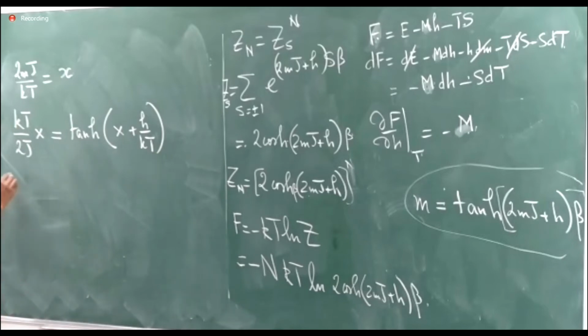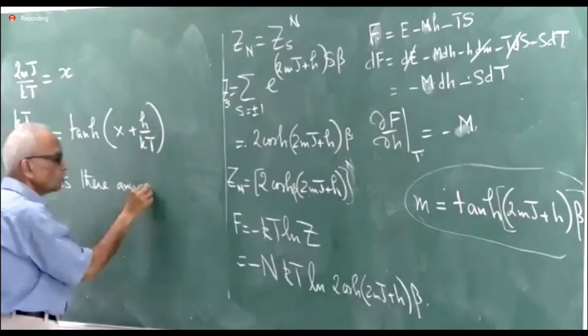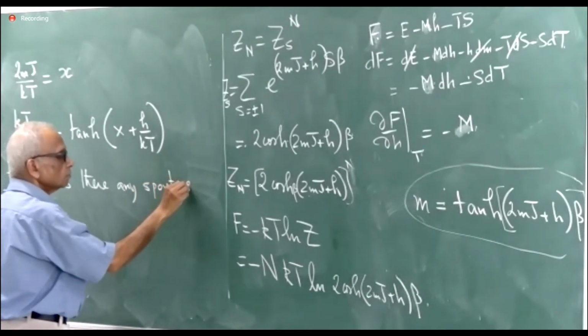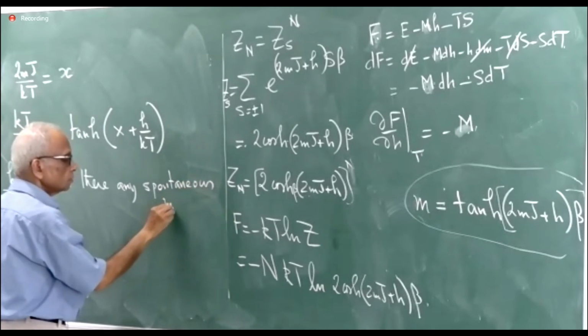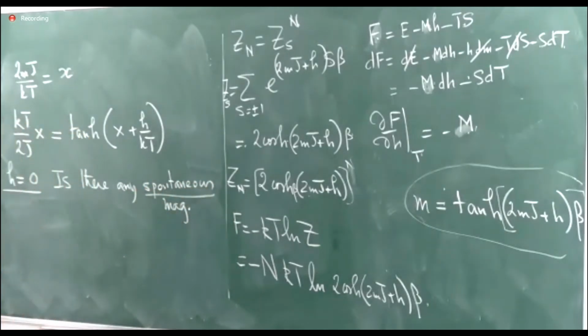So I want to look at h equal to 0. Is there any magnetization? Because I want to ask a question, is there any spontaneous magnetization? Spontaneous, meaning that there is no external field, yet the system wants to line up and provide some magnetization.